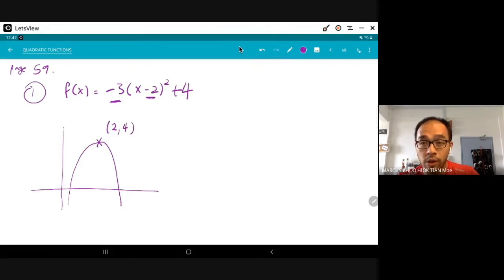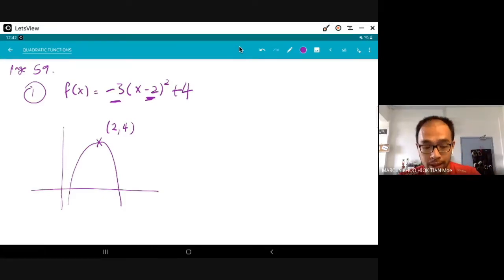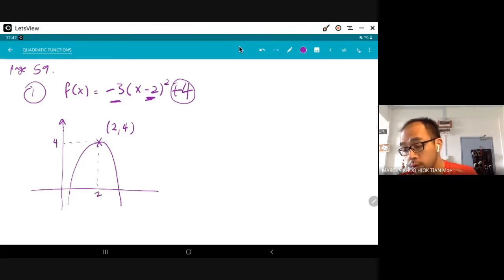Remember that the x coordinate must be opposite nah. Kalau di dalam kurungan dia adalah tolak 2, in the maximum point it must be positive. But the 4 will remain as it is lah. Kalau dia positif, dia positif. Dia adalah y coordinate. So itu sebabnya, that's why you see the number 4 over here, and this one will be number 2.